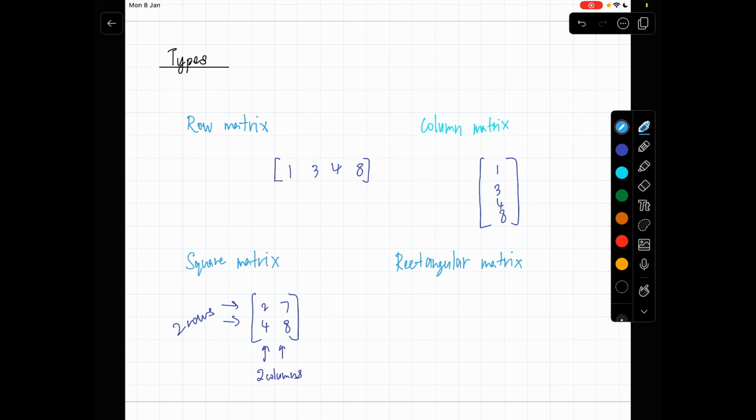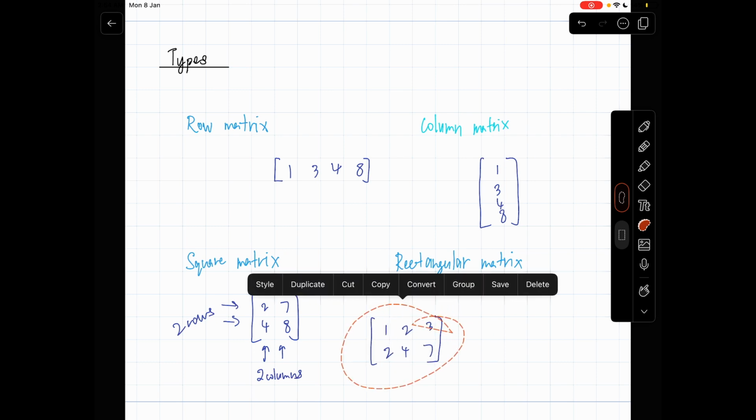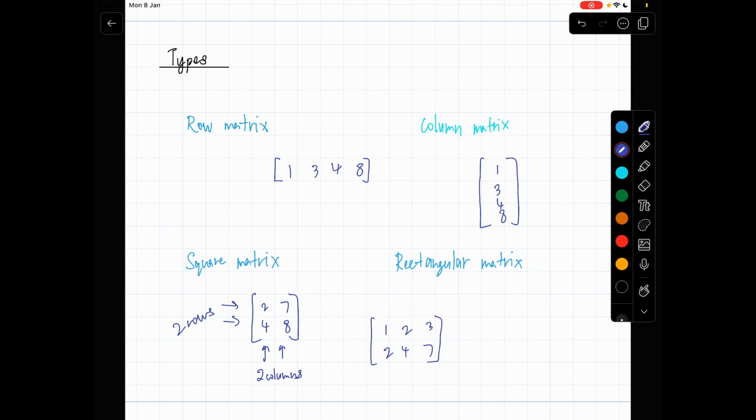So a rectangular matrix will have both rows and columns, but they will not be equal to each other. Instead, it will be something like 1 2 3 2 4 7, or it can also be something like 4 2 3 7 9 8.